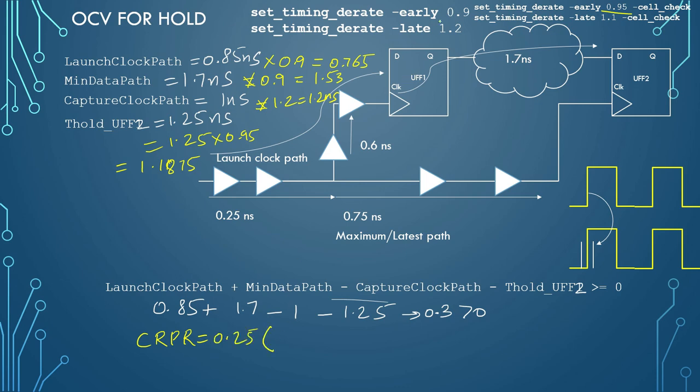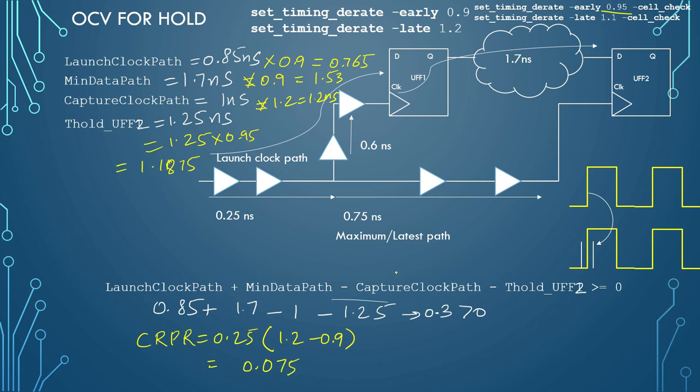You can see that there is a derate of 1.2 and a derate of early 0.9. So the difference of those two, as we explained earlier, will be multiplied with this, and that becomes your CRPR portion, and that is around 0.075 if you calculate.